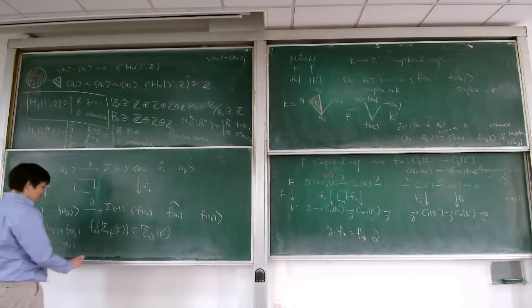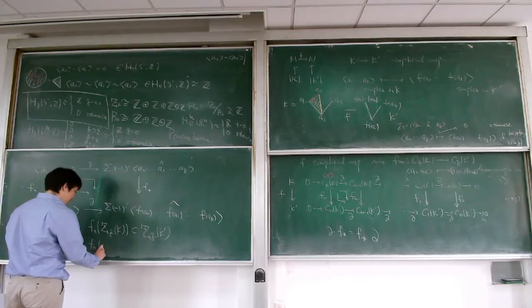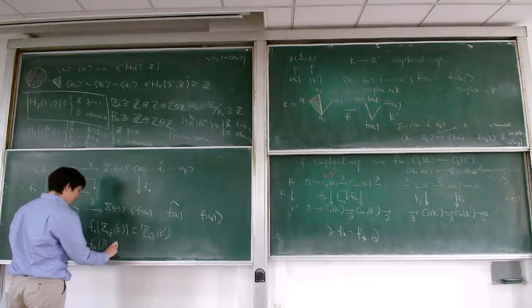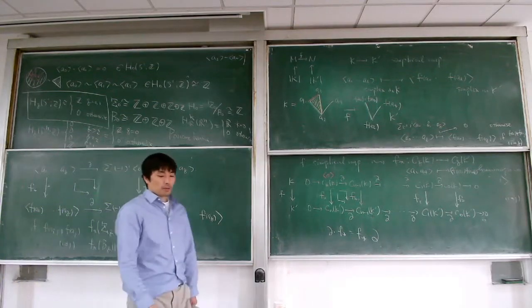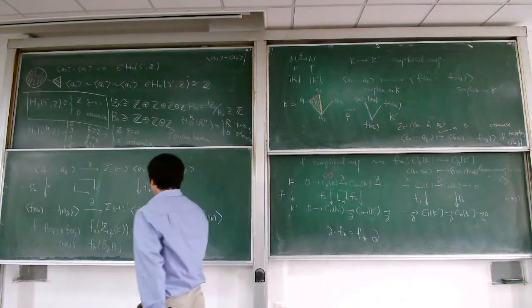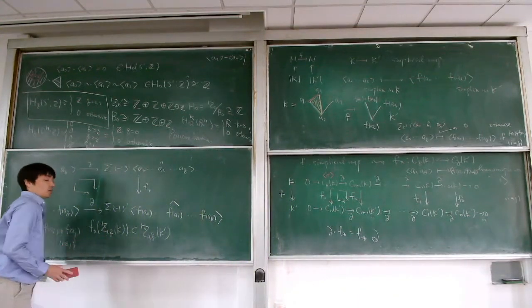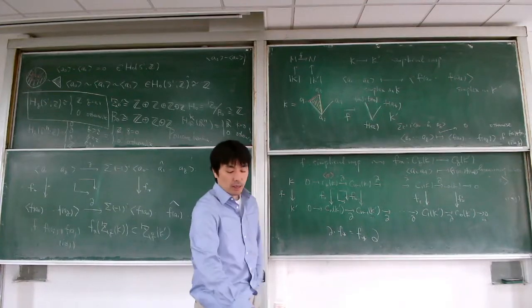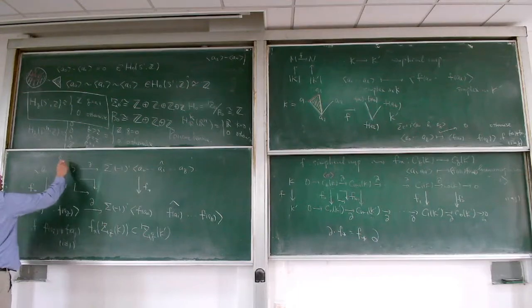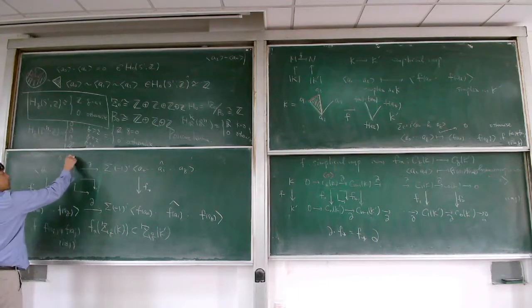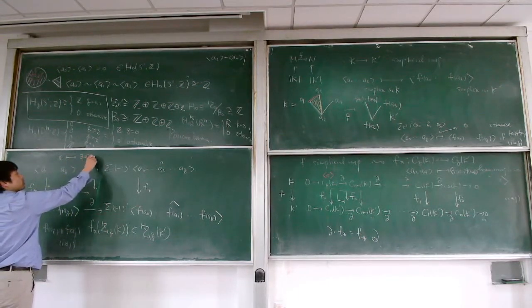And also, let me think, that one is a bit more thorough. So let's go step by step. This means that for sigma in ZQ, meaning the boundary of sigma is 0, the boundary of F star sigma is F star applied to the boundary of sigma, which is 0.